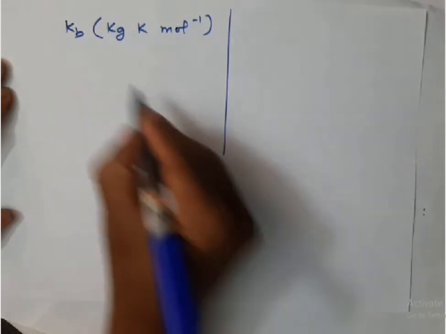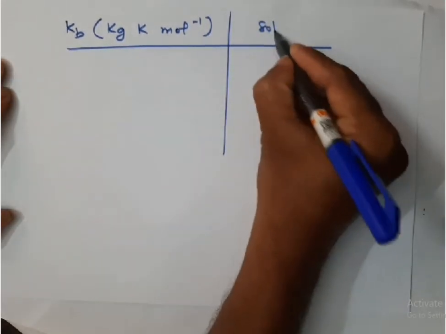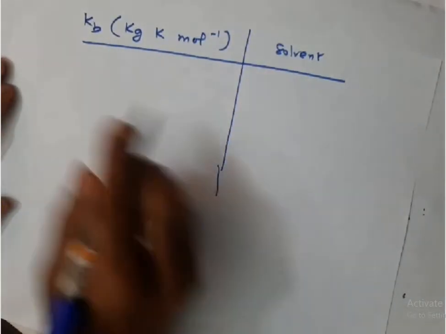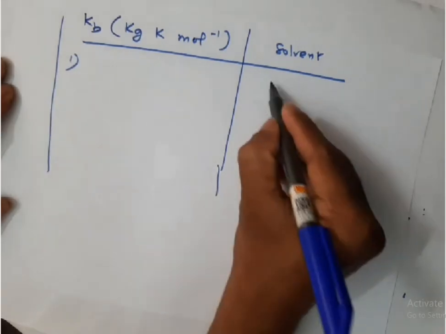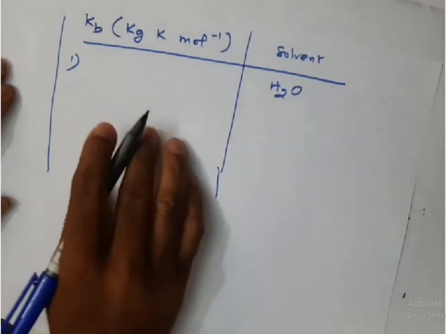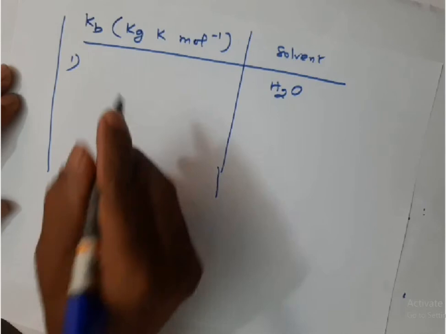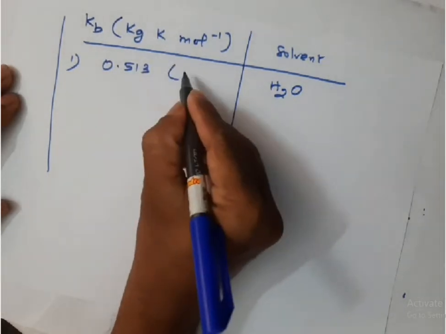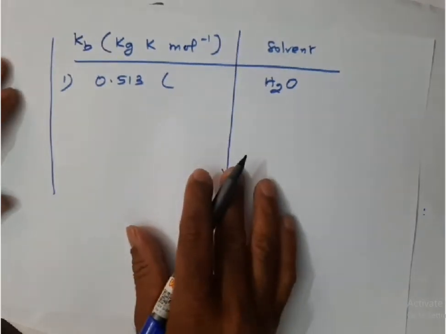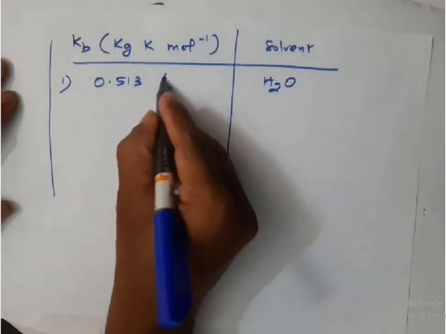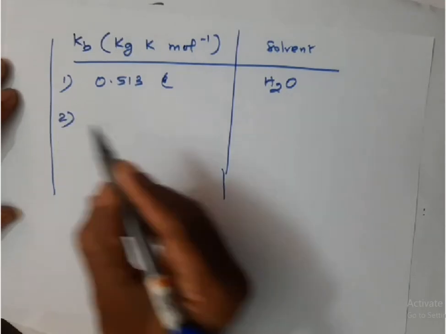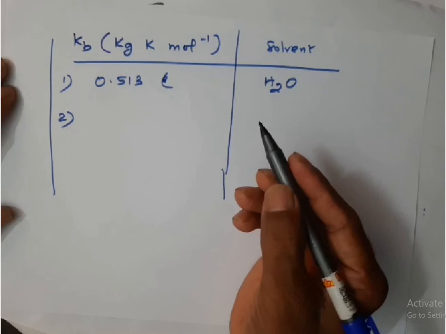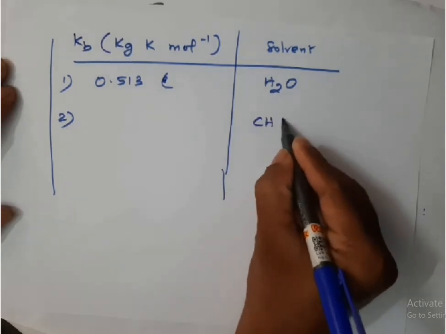What is the value of Kb for different solvents? First I'll take water. The Kb value for water is 0.513. In some books they give 0.52 also, but this is the exact value. Then let me take chloroform, CHCl3.